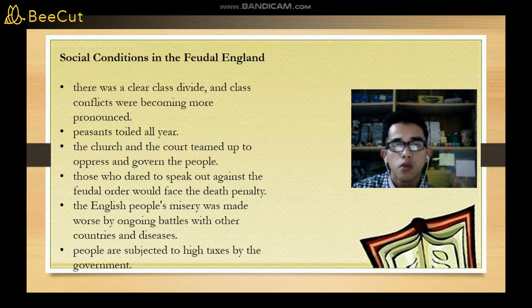We could imagine that the civilians, the citizens, were oppressed. They had no freedom, and they couldn't fight for themselves because of the cruelty of the government.